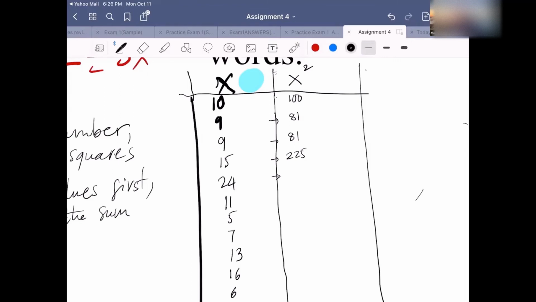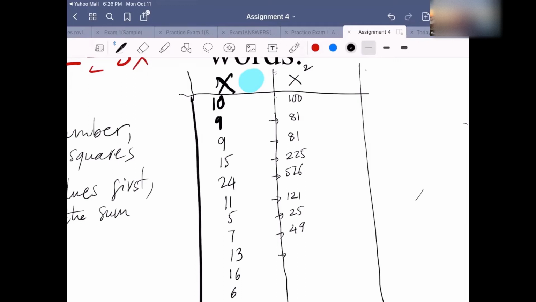All right, I got some answers already. 576. How about 11 squared? All right, 121. 5 squared is 25, right? These are easy, so you can just go fast.